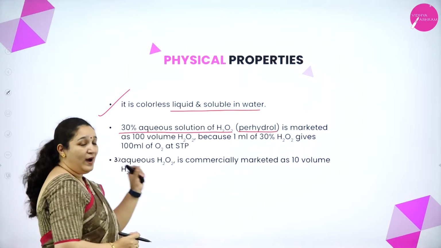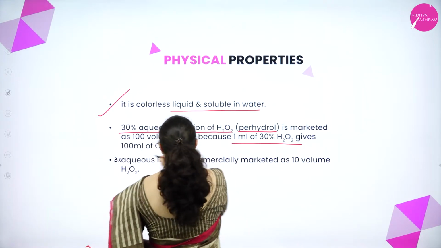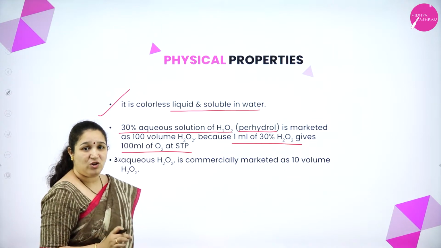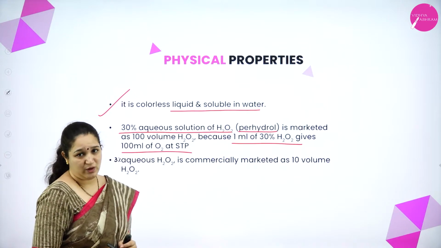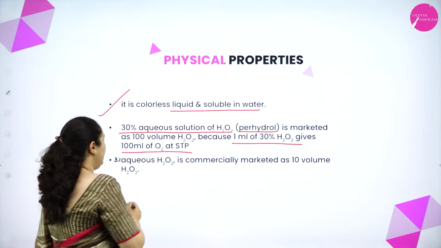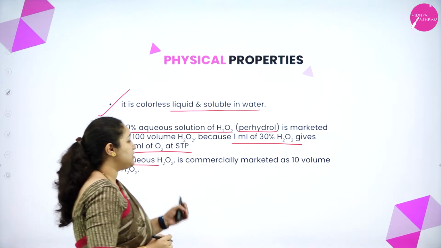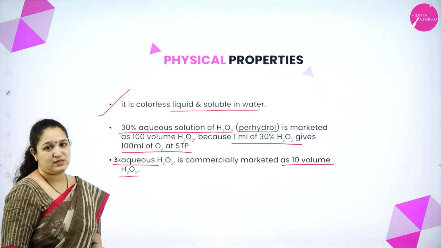This 1 ml of 30% hydrogen peroxide will give 100 ml of oxygen at STP. That is the meaning of 30% aqueous hydrogen peroxide. Okay. Similarly, we have 3% aqueous H2O2 commercially marketed as 10 volume hydrogen peroxide.